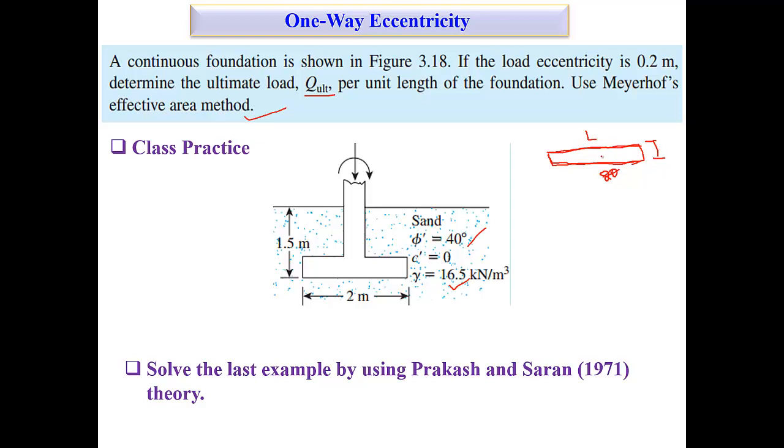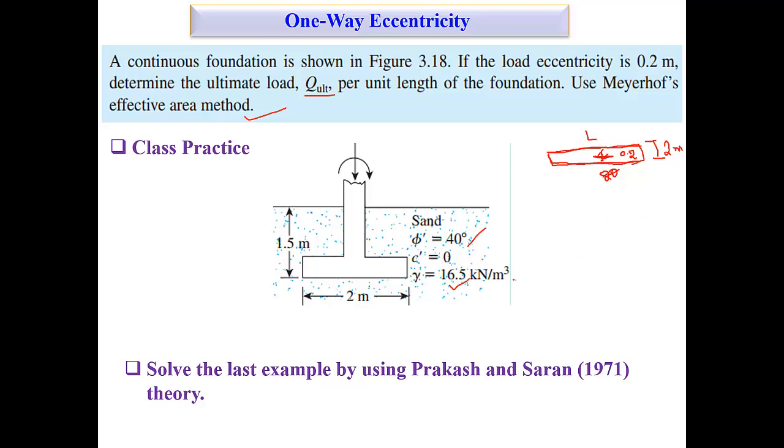The width is given as how much? 2 meter, right? Okay, so maybe here is the center of this width, so you have the eccentricity of 0.2. Is it okay? Yes, sir.